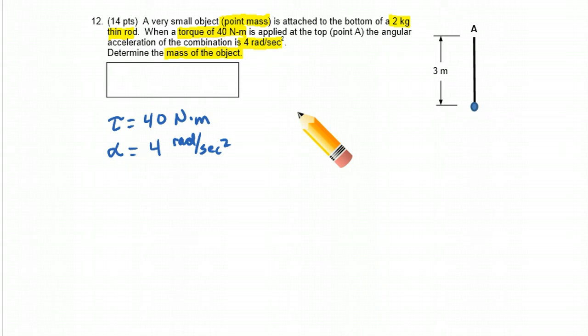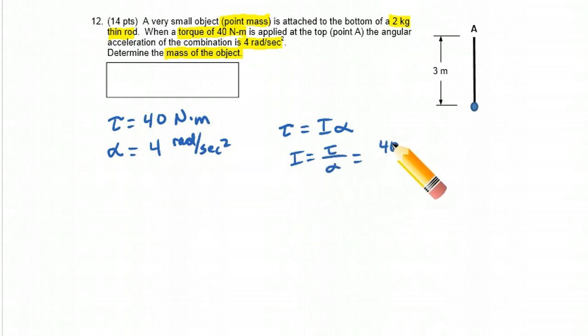We're asked for a mass of the object, which is factored into the moment of inertia, so that should remind you of the equation we had, torque equals I alpha. We know the torque, we know the alpha, so we can find the moment of inertia of the whole system as torque over alpha, 40 newton meters over 4 radians per second squared.